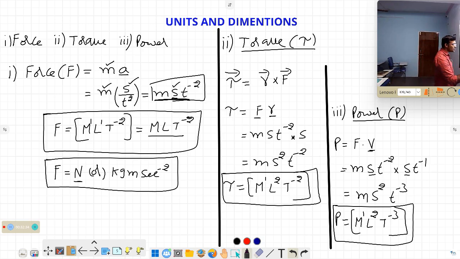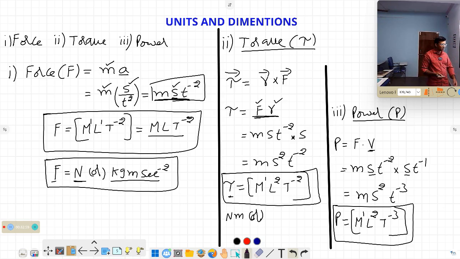Now if you come across the units, the second one is torque, because force we already indicated with Newtons, and in fundamental terms as kg meter per second square. But in the case of torque we measure in terms of Newton meter, because the basic formula is force into distance. Force is measured in Newtons, distance in meters, so Newton meter is the unit of that.